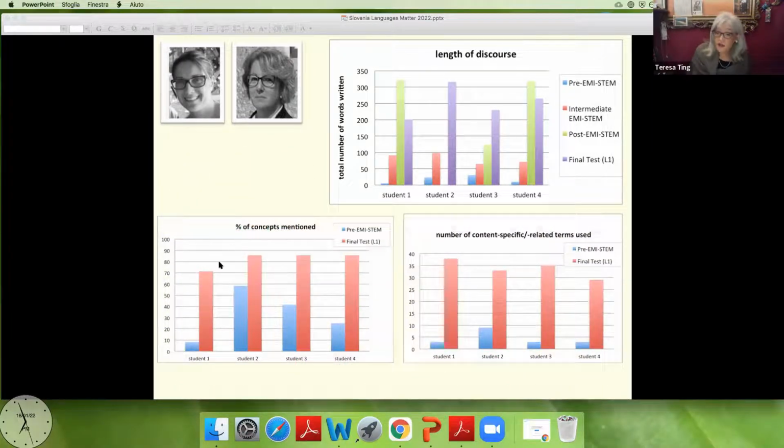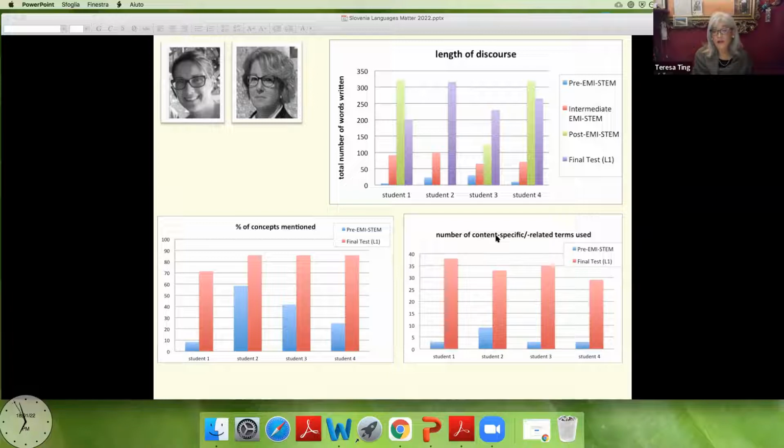What about the concepts? What percentage of concepts were the students able to mention in their wordy writing? Before the translanguaging tasks, they mentioned less than 10% of the concepts. Afterwards, this very weak student was able to mention 70% of the concepts that were taught through the translanguaging tasks.